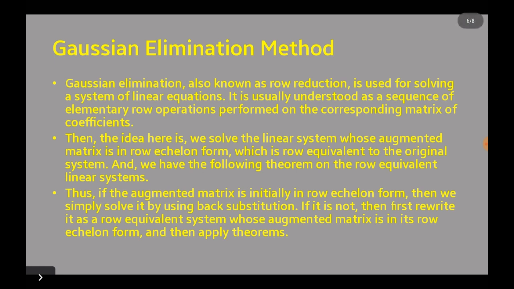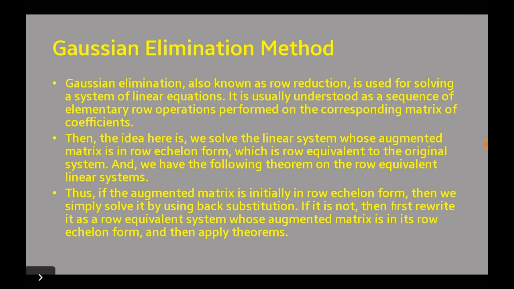Gaussian elimination method. The Gaussian elimination method, also known as row reduction, is used for solving a system of linear equations. It is usually understood as a sequence of elementary row operations performed on the corresponding matrix of coefficients. The idea here is we solve the linear system whose augmented matrix is in row echelon form, which is row equivalent to the original system.